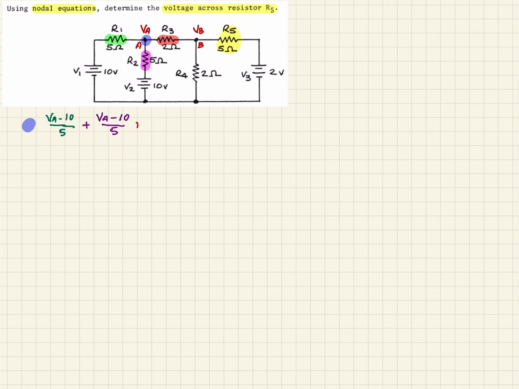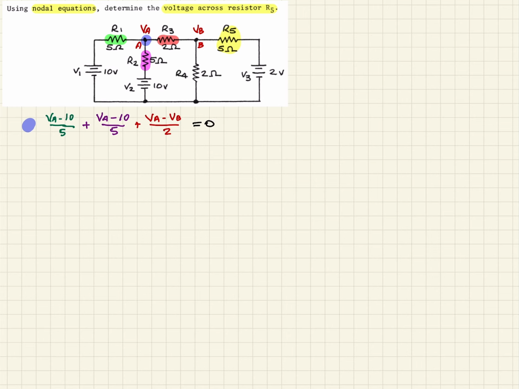That's going to be VA minus VB across the resistor, over R3, which is 2. That should be all the current entering and leaving that node, so we should be able to set this equal to 0.